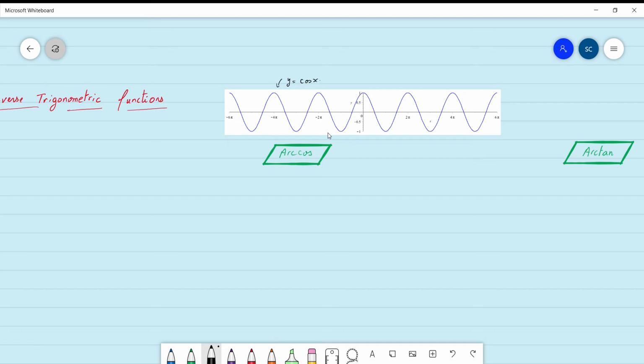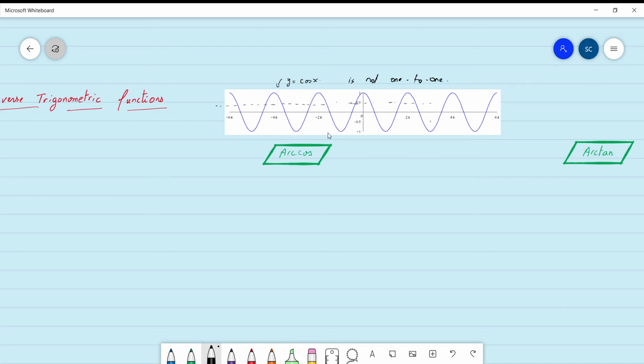If you imagine a line, you see it crosses at the same y. We have several x that have the same image, so it is not a one-to-one function.